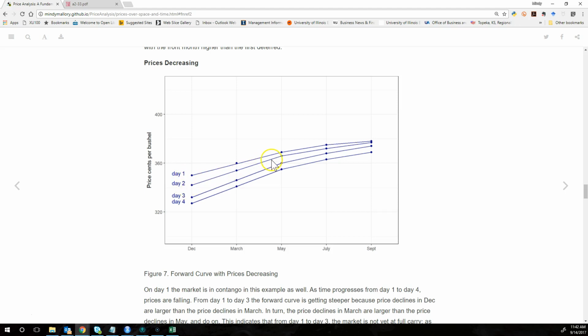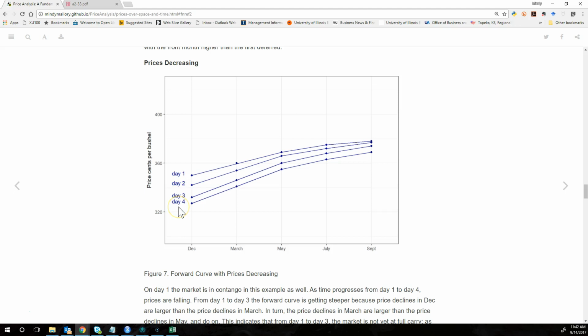And you see that the returns to storage are getting bigger and bigger on days 1 through 3. That's being created by the fact that the price decrease in December is more than the price decrease in March, which is more than the price decrease in May, and so on. So this slope is getting steeper and steeper on days 1 through 3.